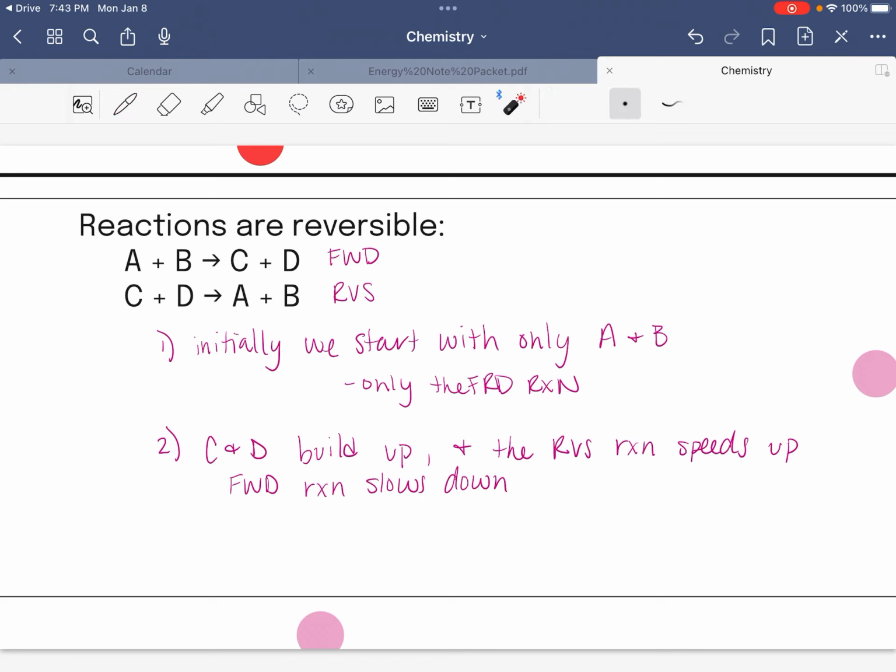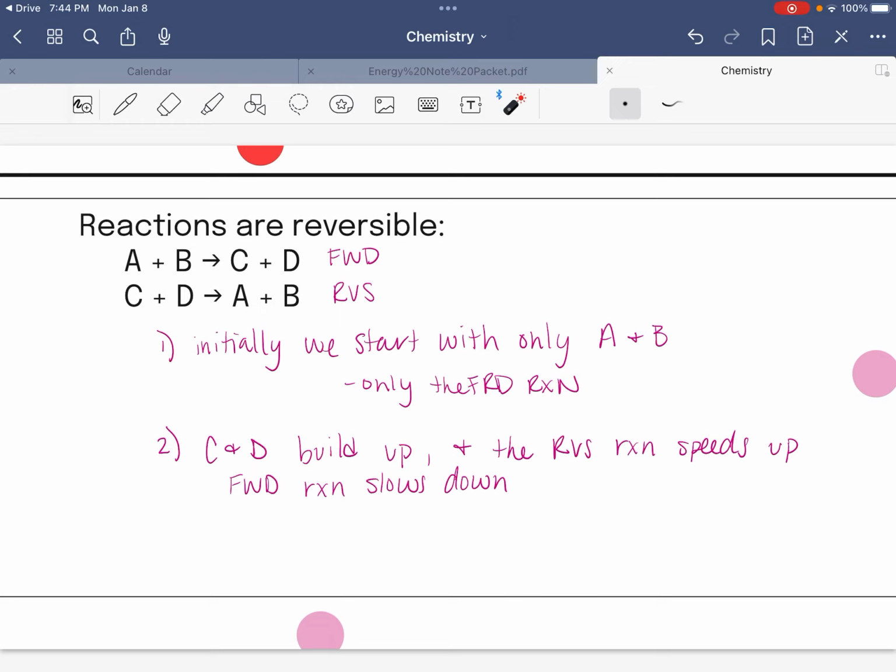Like I said, we start with the forward reaction. As these reactants are used up and become products, now that we have products, we can have the reverse reaction occur. So this reaction is going to speed up, whereas because we're using the reactants to create these products, this reaction is going to slow down.